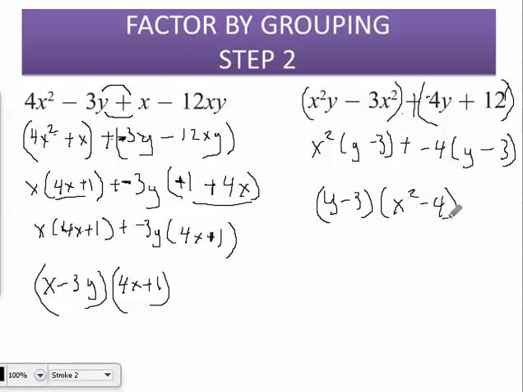Perfect square, perfect square. Difference of squares. This becomes y minus 3, x minus 2, x plus 2. See what I said it shows up frequently? That's what you need to be looking for.